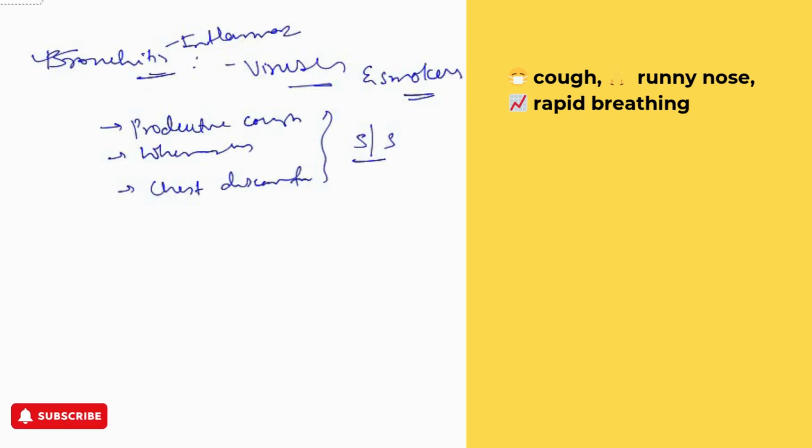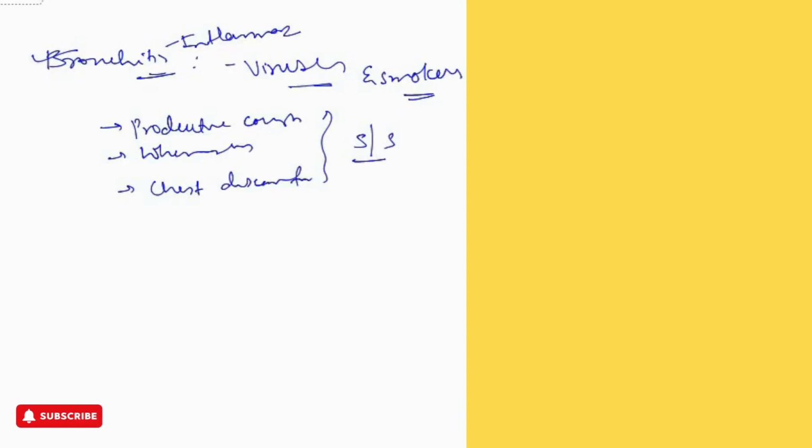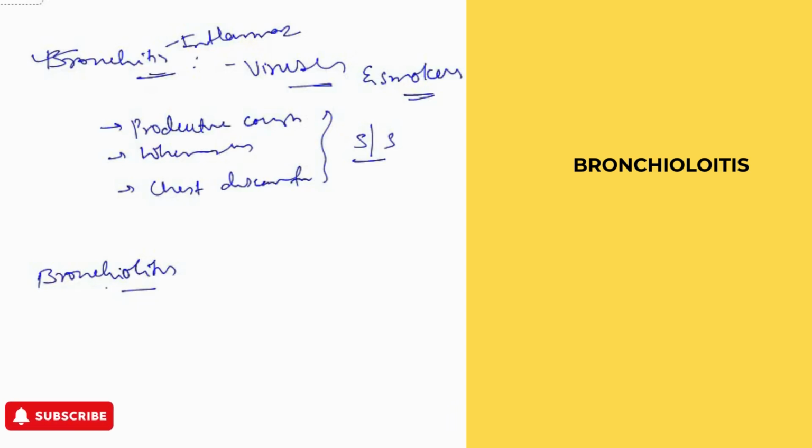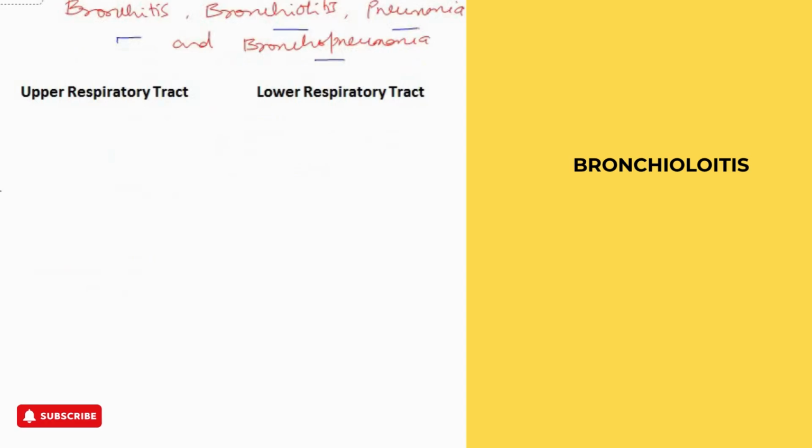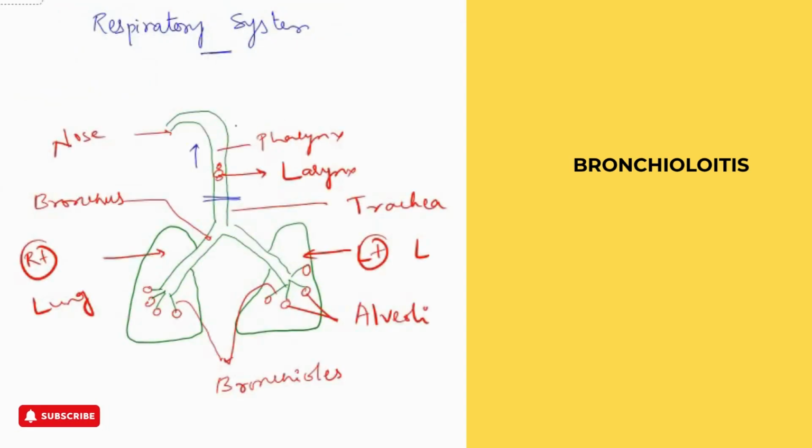Next we will see bronchiolitis. What are bronchioles? Bronchioles are the branches of bronchi. These are the bronchioles, the branches of bronchus.